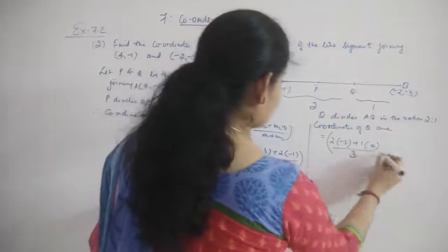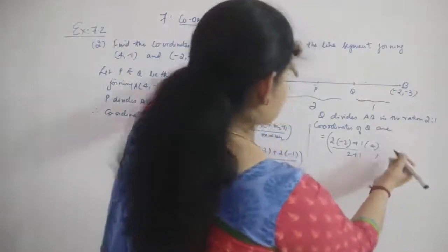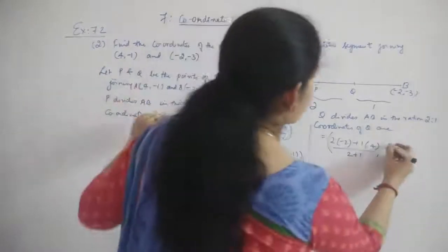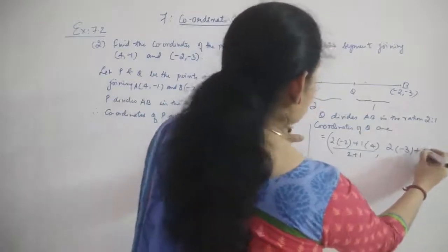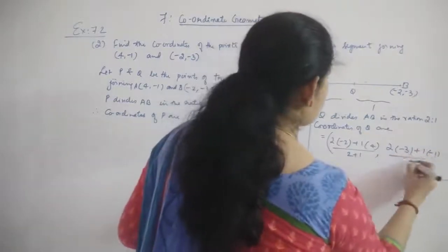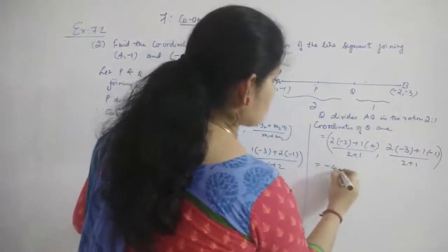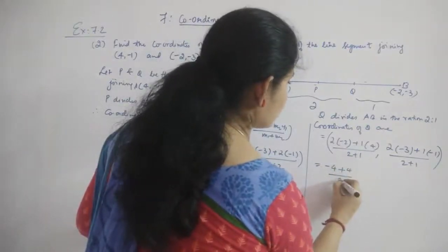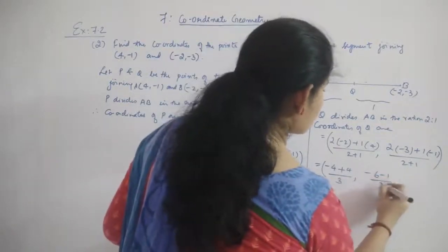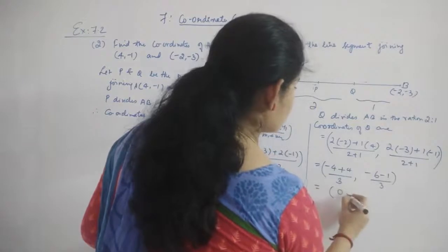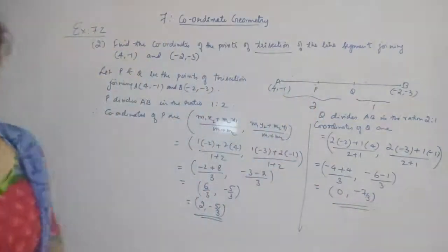Here again you will get 2 plus 1, comma, the y coordinate will be 2 into -3 plus 1 into -1 divided by 2 plus 1, which is equal to -4 plus 4 divided by 3, comma -6 -1 divided by 3, or you can say 0, comma -7 by 3 is the coordinate of Q.